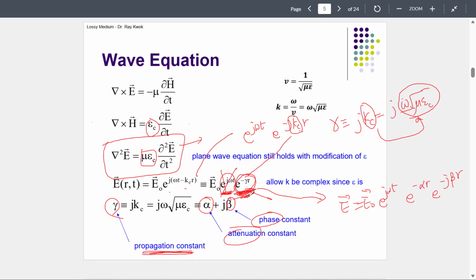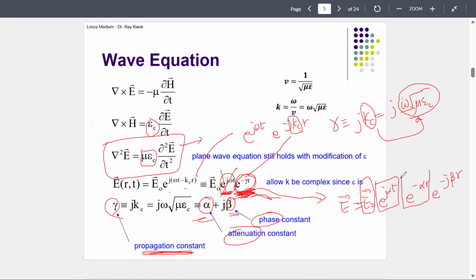This is what I mean when gamma is a complex number that can be written as the real part and the imaginary part. So let's look at every single term. The first term only tells me the amplitude and direction of the electric field. This term only tells me the electric field is oscillating in time with a fixed frequency, the same frequency as everything in the circuit.